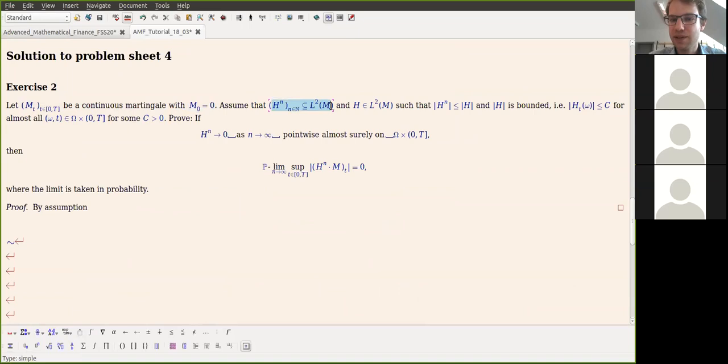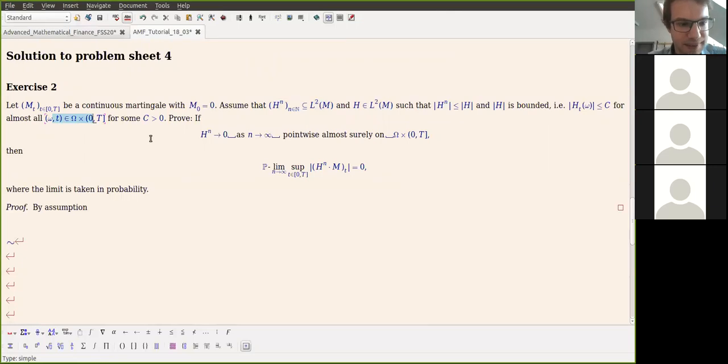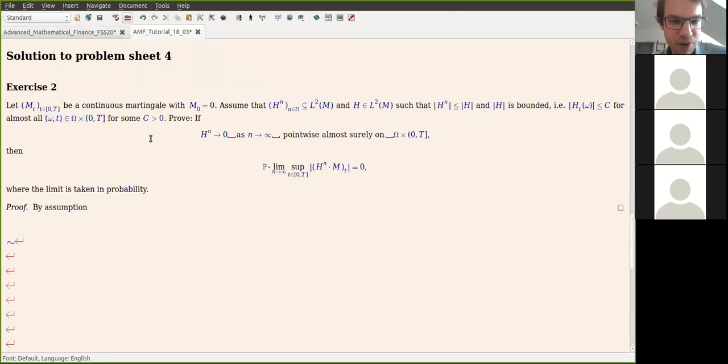We have a sequence of L2 integrable integrands, so these are predictable integrands which are in L2 with respect to the product measure generated by M. And we have a function H in L2(M), dominating the sequence, and it is bounded itself, for almost all elements in the product space.